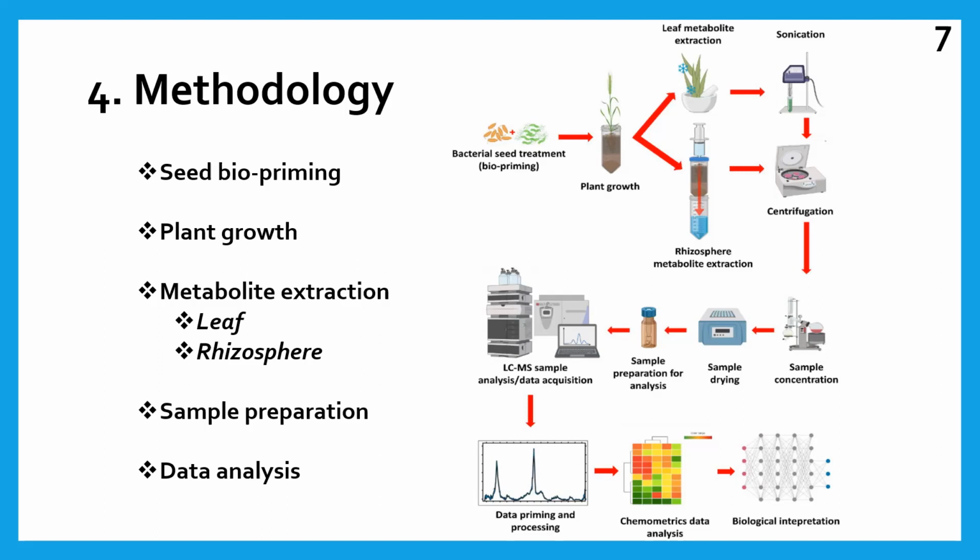Okay, so I was trying to say that biopriming is as close to the seeds as we can get the bacterial strains, or the PGPR, such that upon germination, the sprouting plants are already in contact with the bacteria themselves, and the interaction takes place from the get-go. You may also opt to apply the bacteria onto the soil itself instead of seed biopriming, and that's also an applicable route.